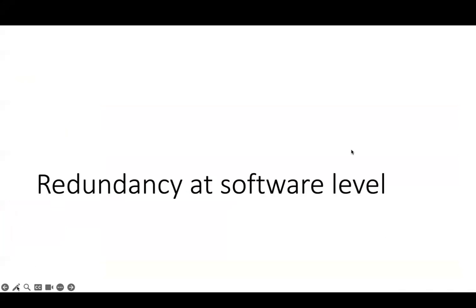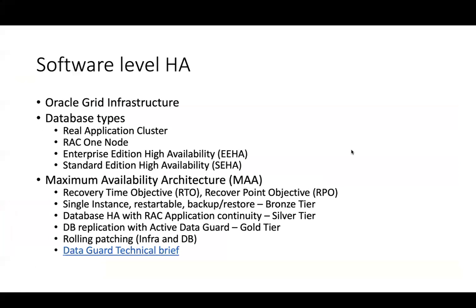And let's move to the software side. Redundancy. On ODA, even on single node machines, grid infrastructure is responsible to manage the resources, and along with RDBMS software, they provide various HA capabilities.